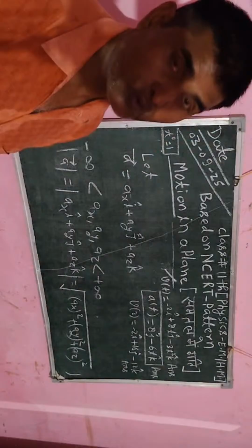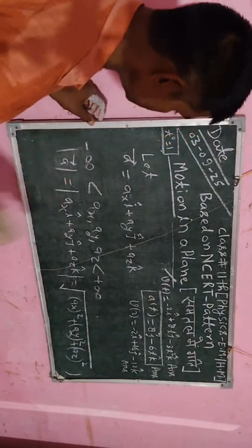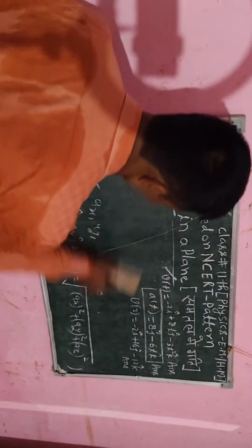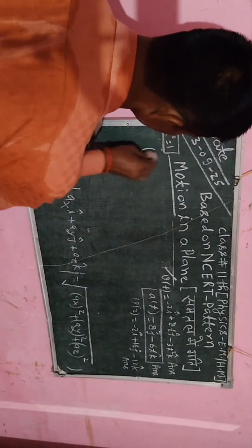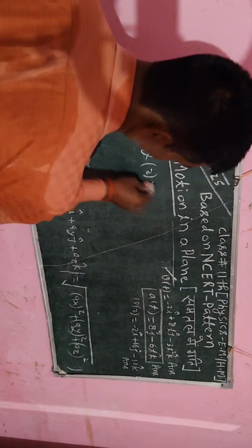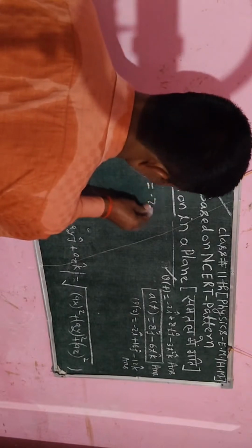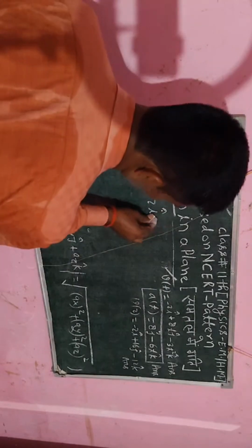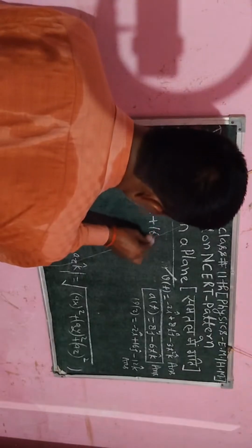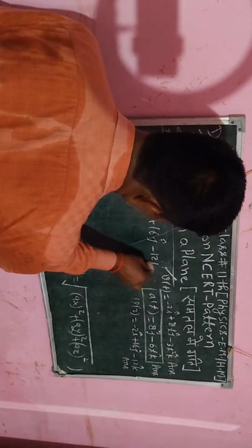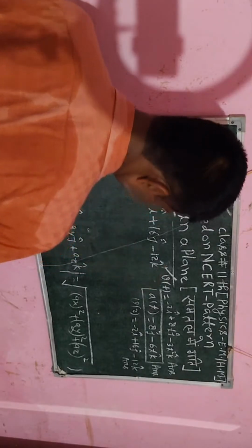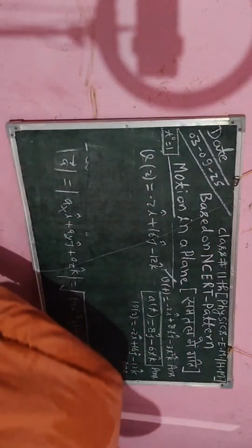Okay, so I will use the formula for getting the magnitude of the velocity. I have got a vector that is minus 2 vector i cap plus 16 vector j cap minus 12 vector k cap. So this formula I have to write to get the magnitude.